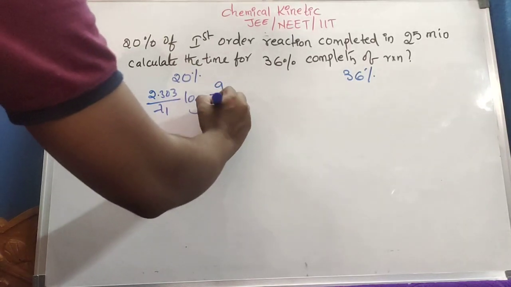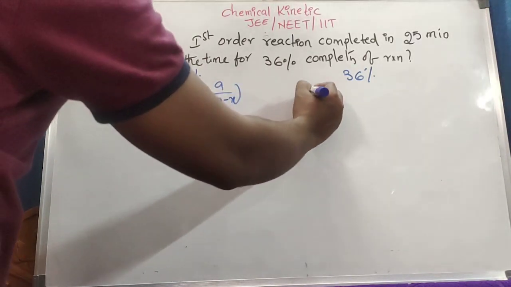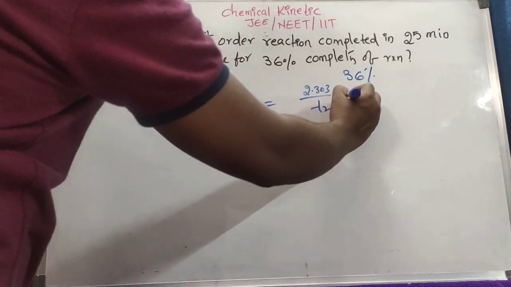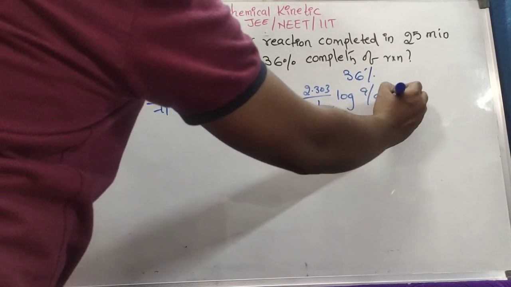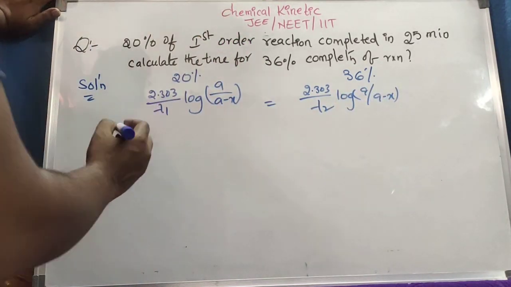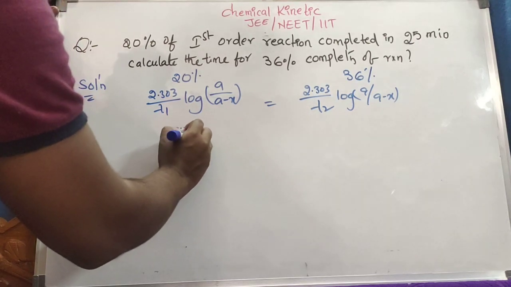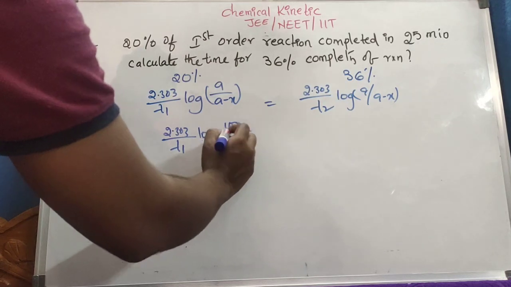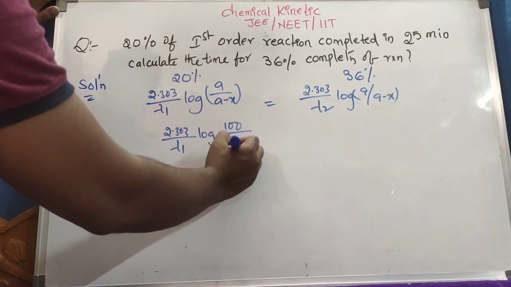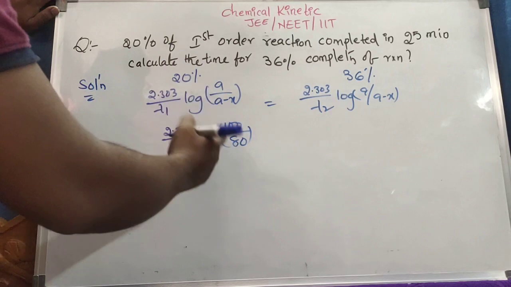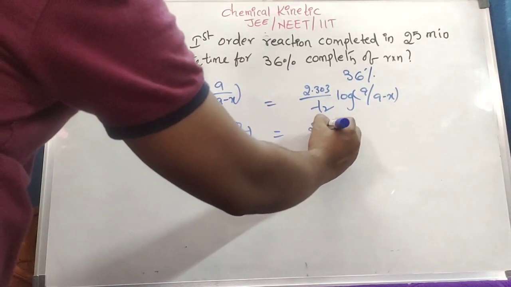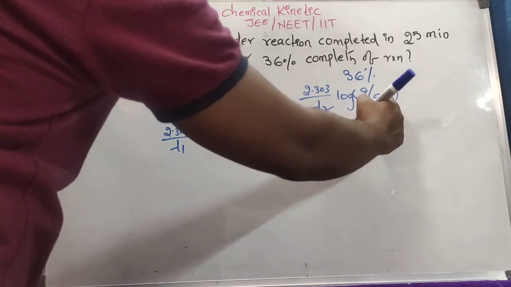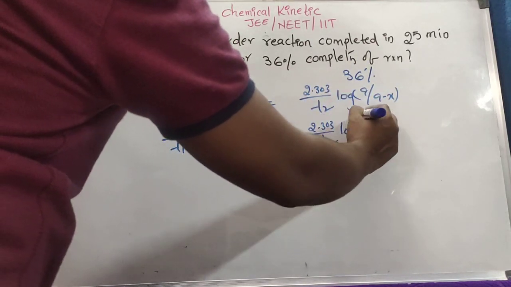Again 2.303 by t2 log A by A minus x. So A equals 100 means 2.303 by t1 log 100 by 100 minus 20, that is 80. So 2.303 by t2 log 100 by 100 minus 36, that is 64.